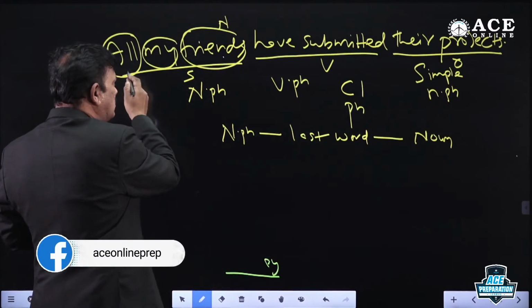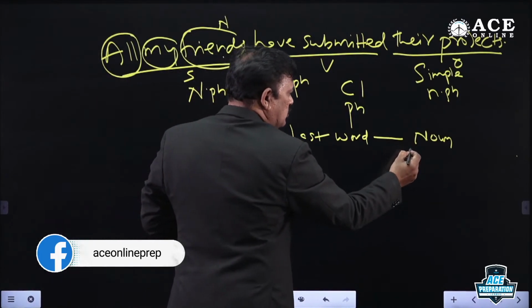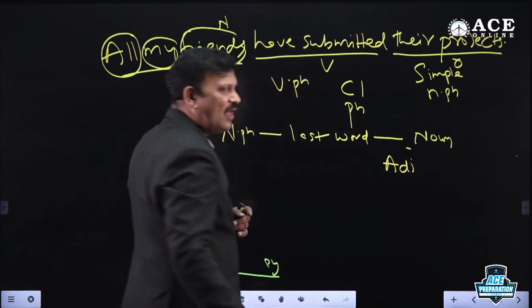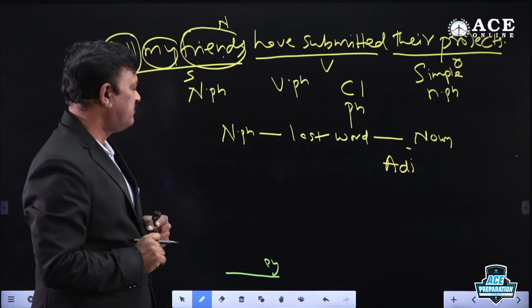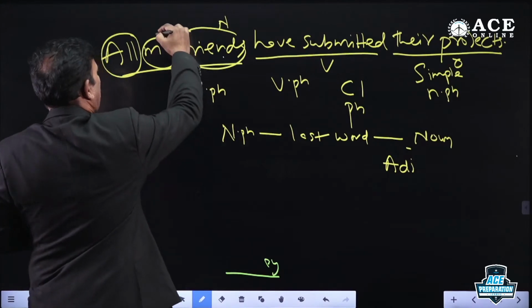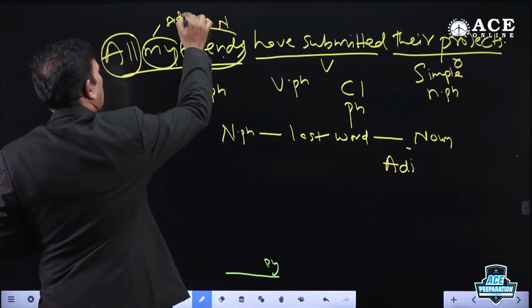On the left side you have two words. Guys, most of the time those words are adjectives. Now and then an adverb also comes. We'll leave that aside for the time being. So with this position I can make out this is an adjective.